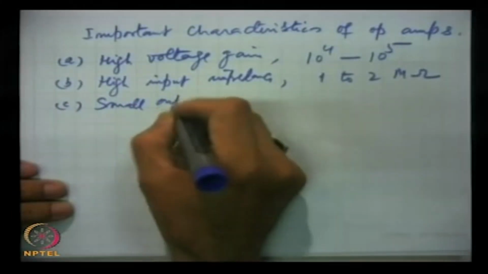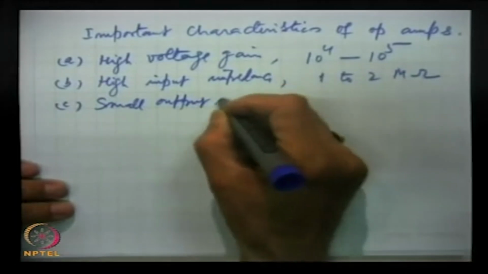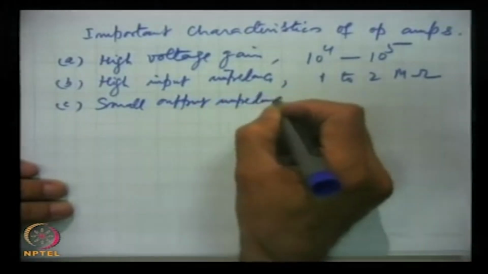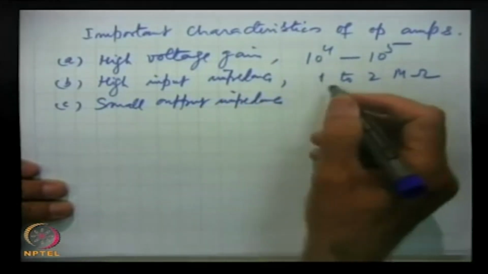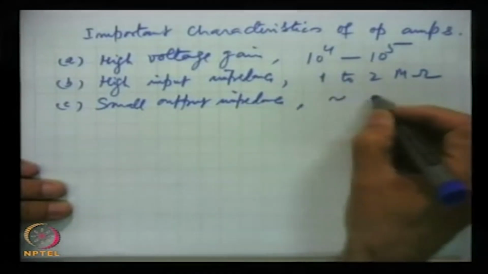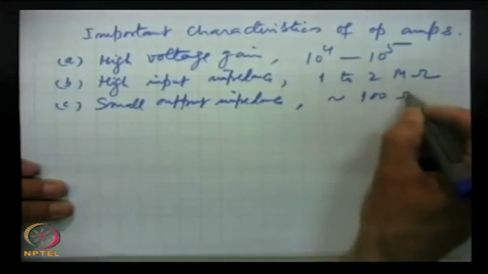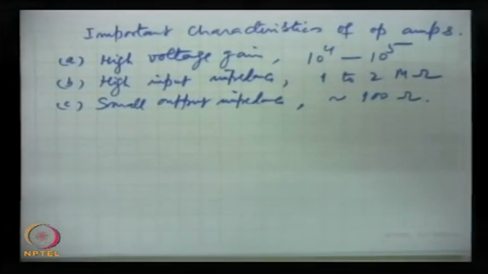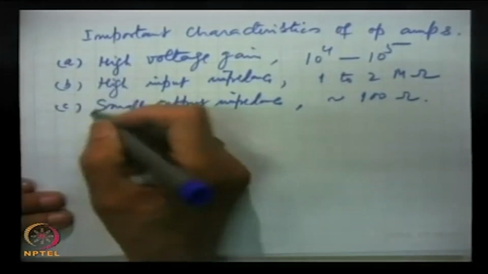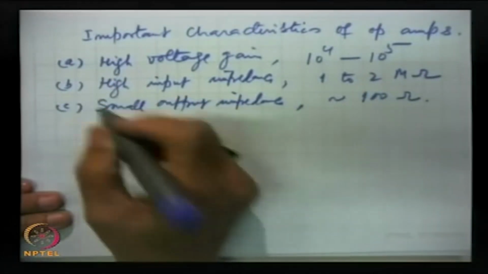So, a small output impedance, and this is around 100 ohms or so. Then large bandwidth.